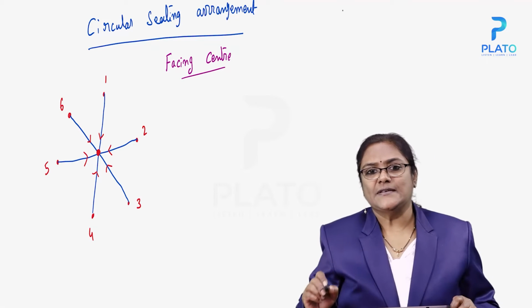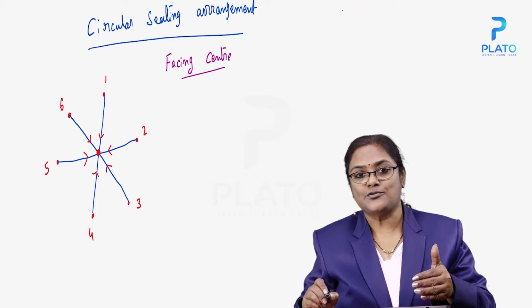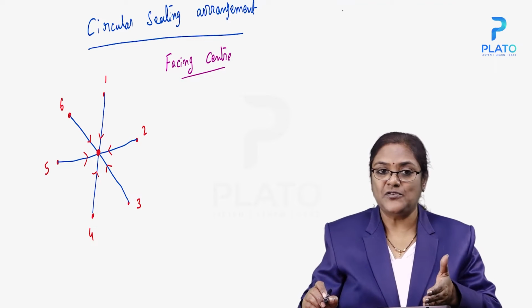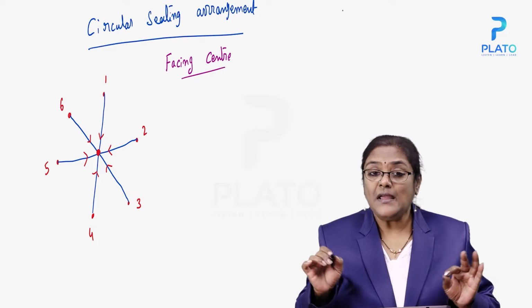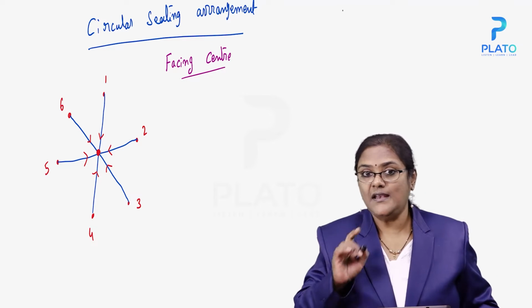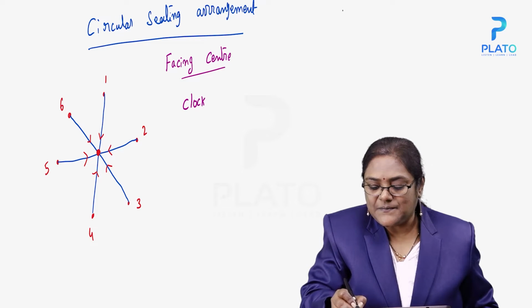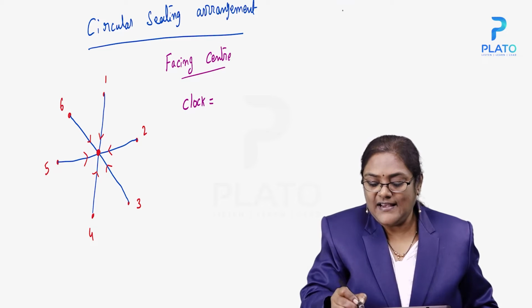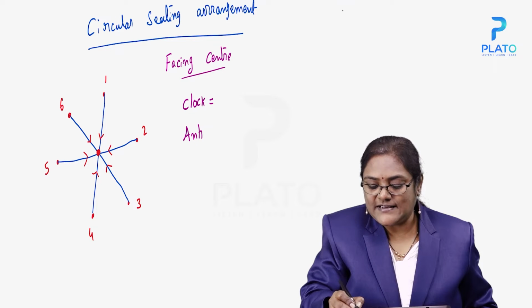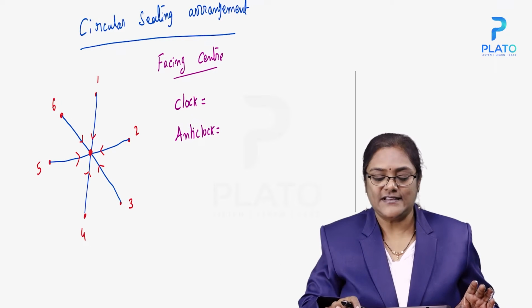from any person, whether you take the first person or the 5th person or the 2nd person or the 6th person, up to you, you have to look for only these 2 things: clockwise direction and anti-clockwise direction.